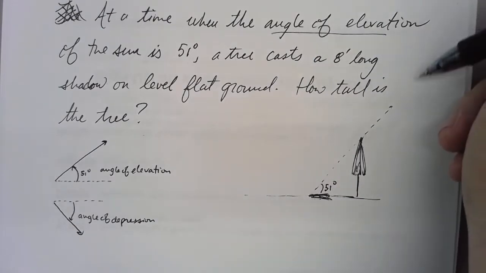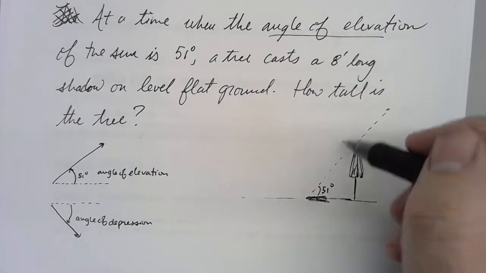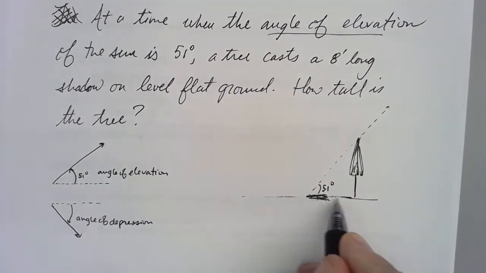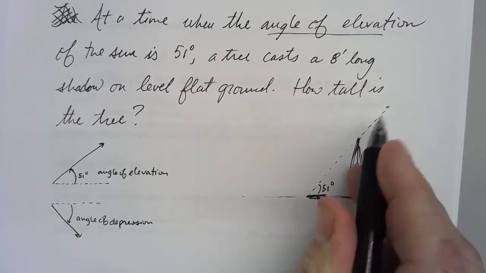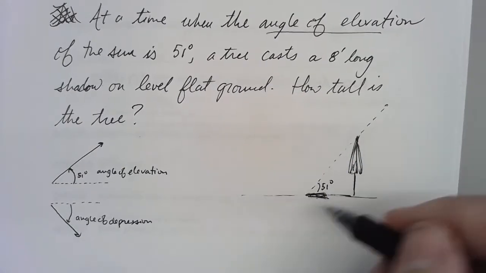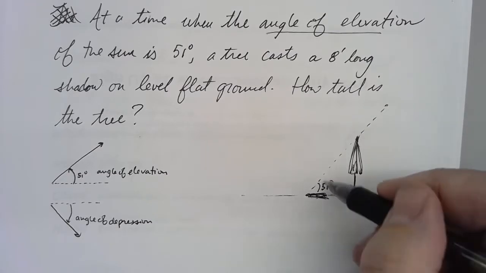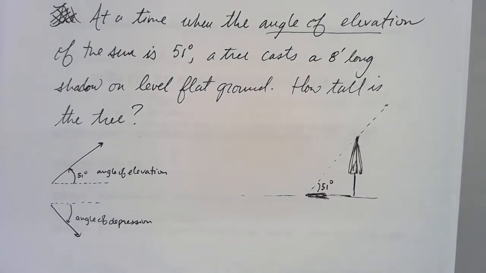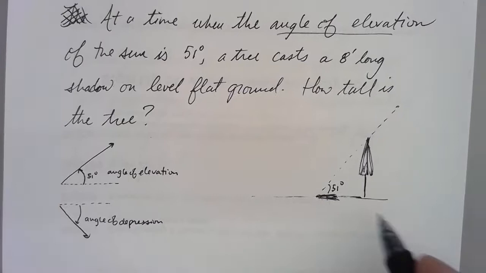Here come the sun's rays coming down, and this tree is blocking them, so the tree is casting a shadow. And if we look back at the sun along this line of sight, there's a 51 degree angle of elevation. So this is a sketch of the situation.